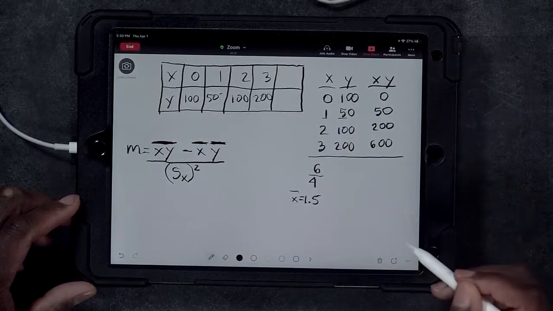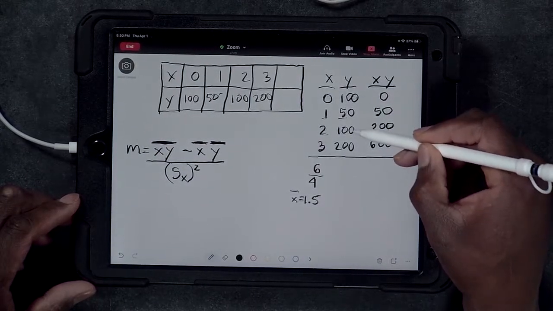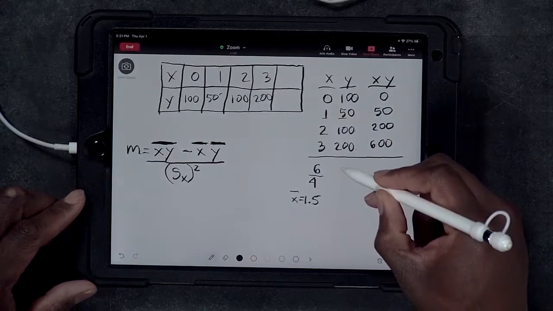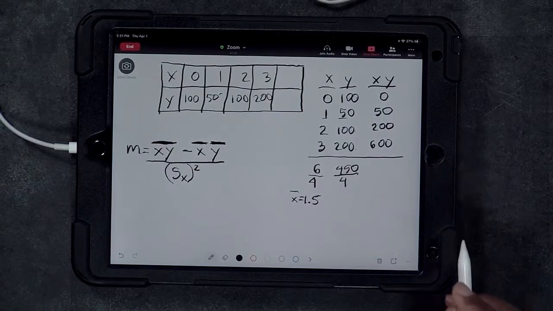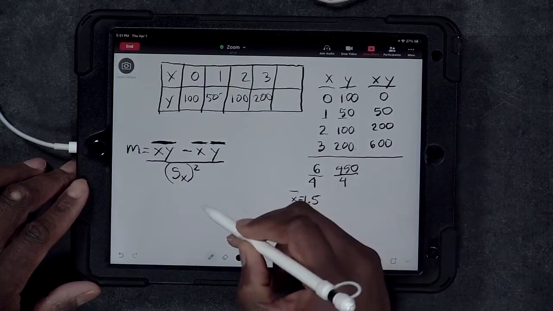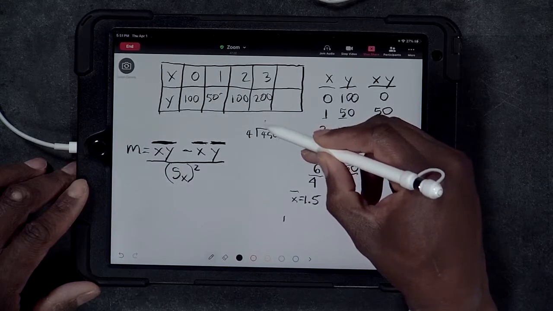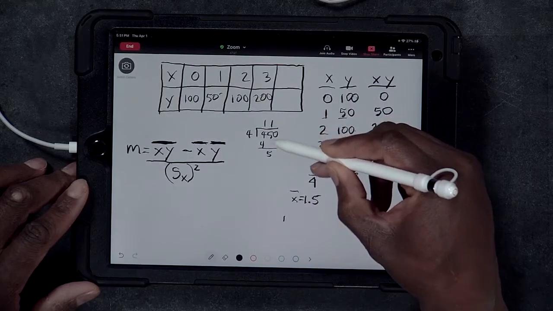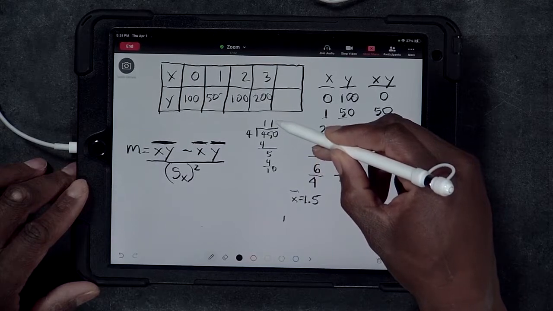How about the average of the y's? Let's add these up. This is 100 plus 100 is 200, plus that 200 is 400, plus the 50 is 450. Let's divide that 450 by 4. I don't have my calculator with me, but let's try to do it the old-fashioned way. 4 goes into 450 one time, and then twice.